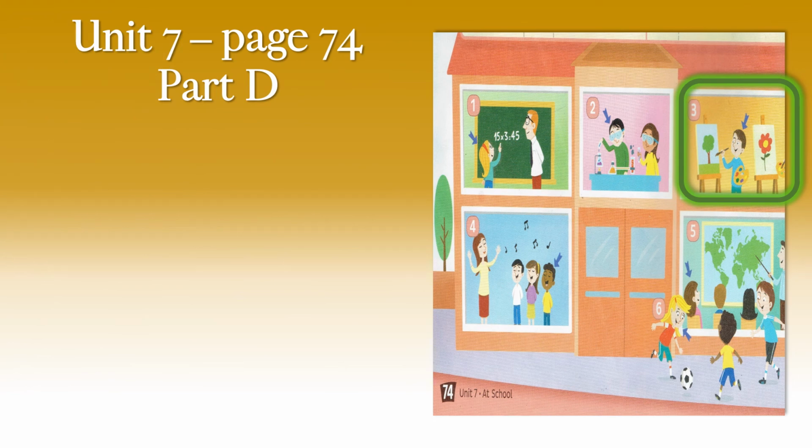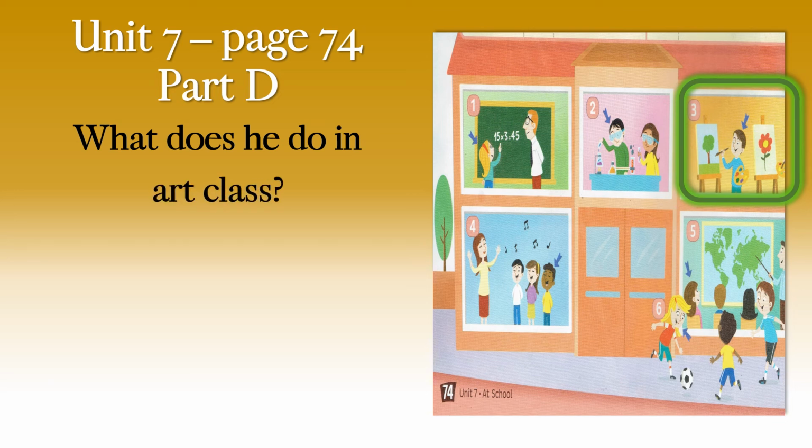Number 3. What does he do in? Okay, look at the box. What is this subject? Art class. Yes, I think this one's easy. So our question, what does he do in art class? And the answer, well, it's a boy, so we say he. Can you remember the action? Paints.